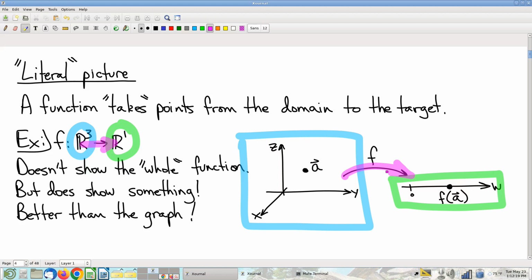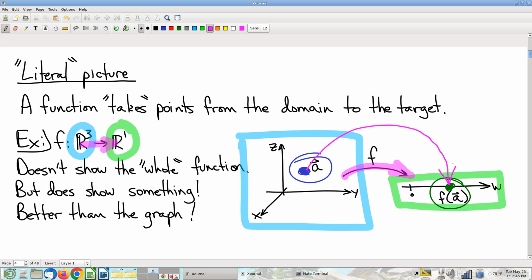Just as for example, I'm going to think of this point here, A, as going into the function, and when it comes out, it lands on this point here, F of A. So you might even, if you want to, draw an arrow that says, okay, that input point goes to that output point.